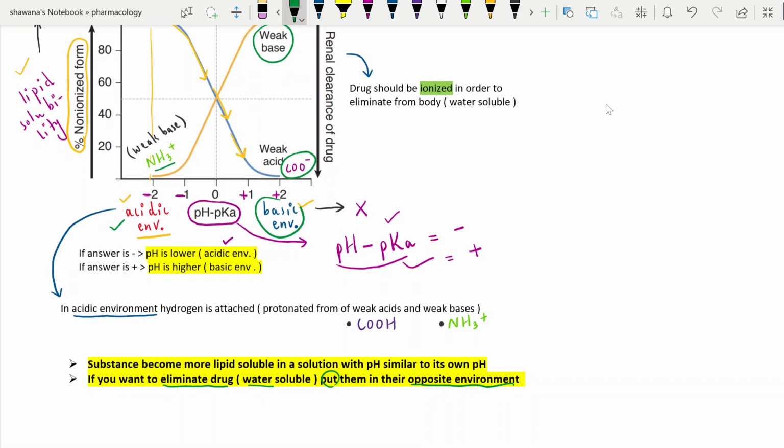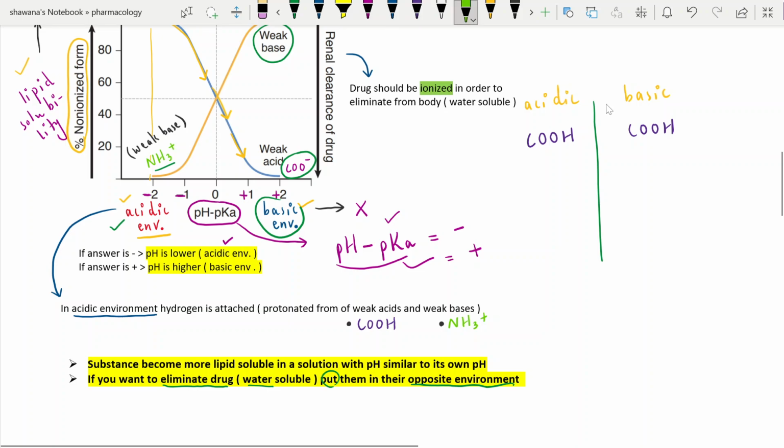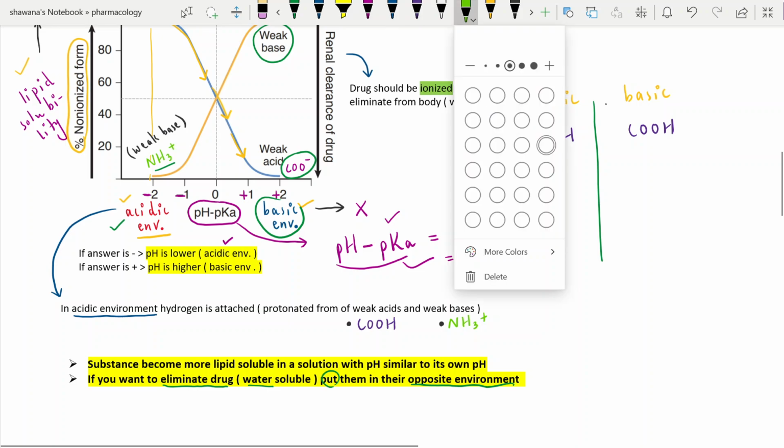The idea here is, let me clear it more. For example, this environment is acidic and this is a basic environment. For example, this is a COOH form, and here is also a COOH form. Here is an NH3 form, here is also an NH3 form.